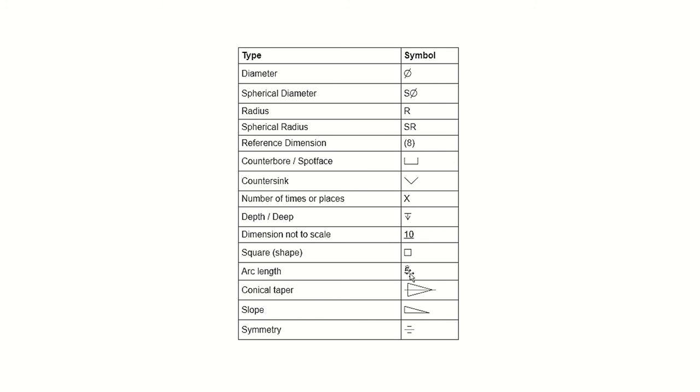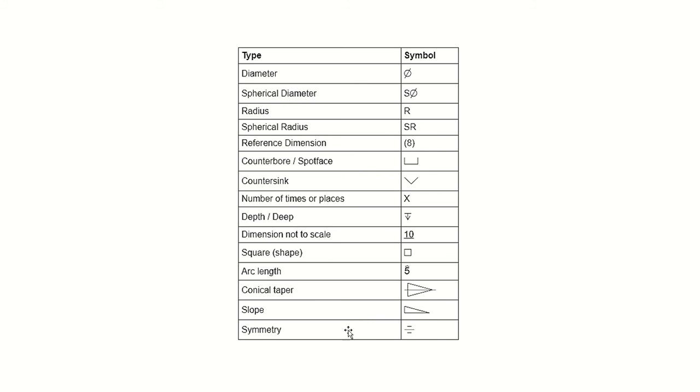And then your square is of course a small square shape. Your arc length is a little flat triangle without the base on top of a value. Your conical taper is a triangle pointing to the right with a horizontal line across it. Your slope is a triangle with some sort of angle on the top side or base.